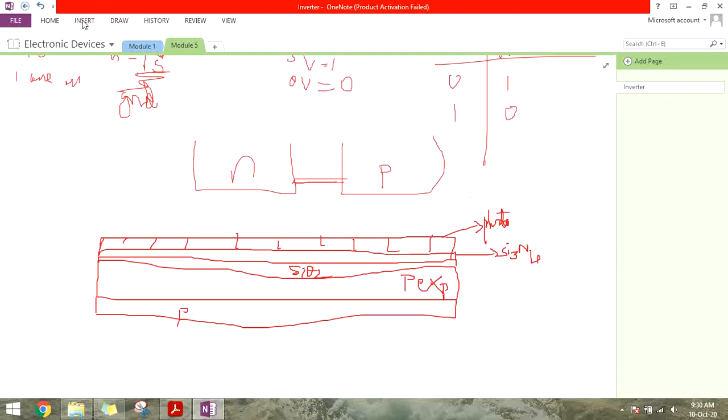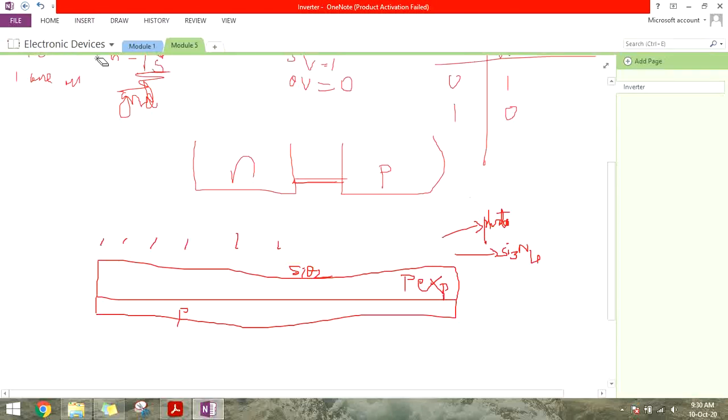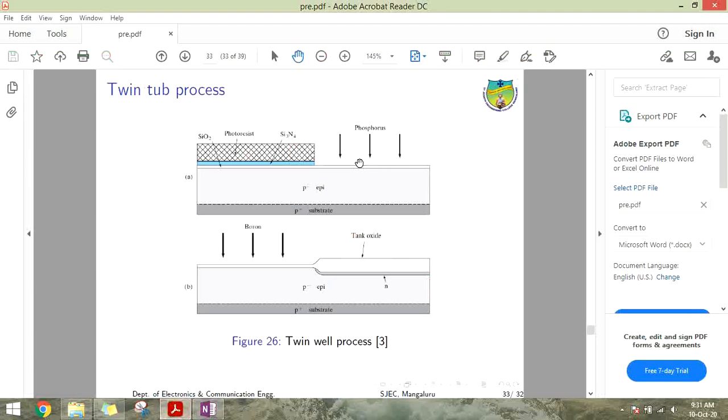If we remove only this part, what remains is only this part: the silicon nitride, and then the photoresist remains. So this is the photoresist, this is the silicon nitride, and then you have the SiO2. This part has been etched off. That's what is shown over here in this particular diagram.